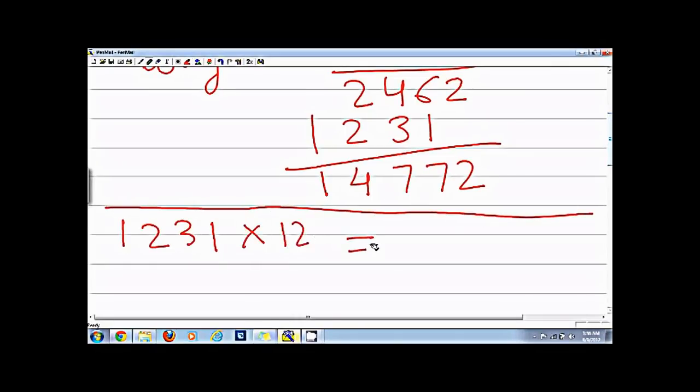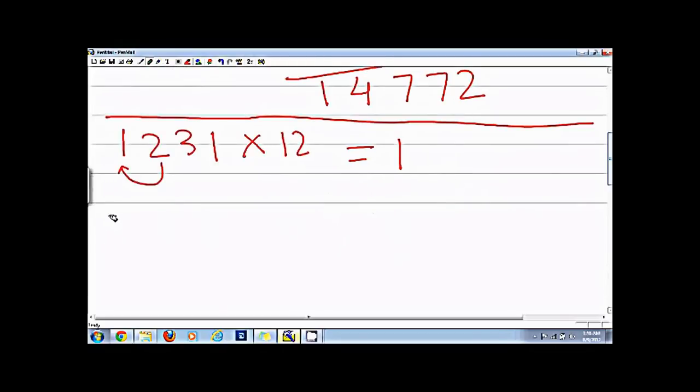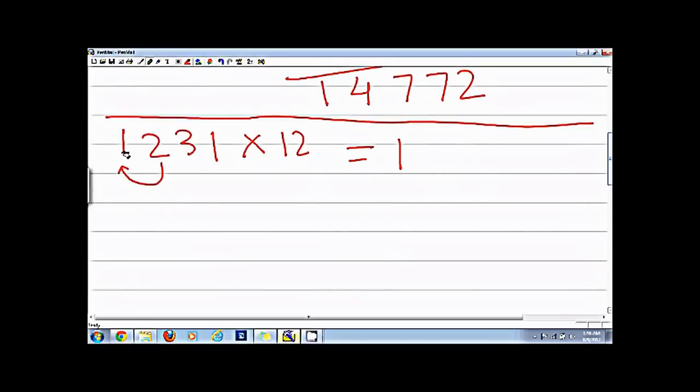So in this case what I'll do is I'll first write 1 and then add 2 into 1, but instead of adding it one time, I will add it 2 times.